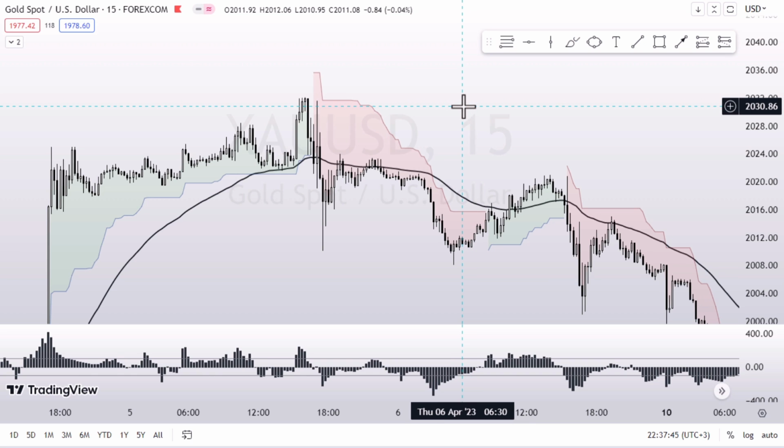So we want our profit to be bigger in order to cover those fees. But I'm going to talk about both ways.